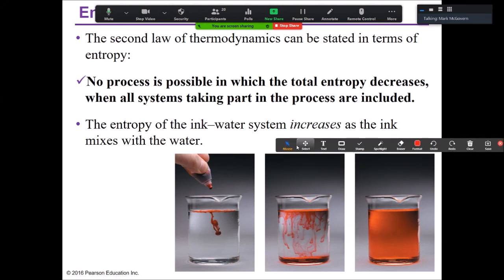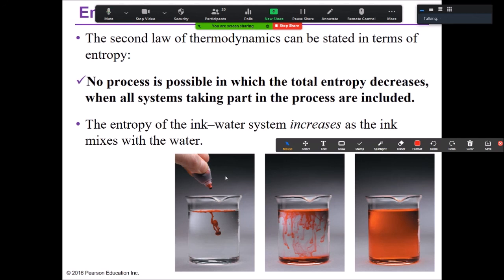Look at this process down here. This is kind of a neat thing. You drop some ink into this, and over time it gets chaotic and spreads throughout. The ink was concentrated in a small area, and naturally you have a process in which the liquid becomes homogeneous. Well, that's an increase in entropy.